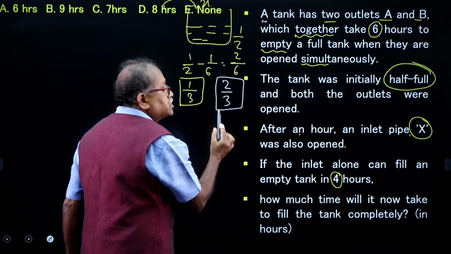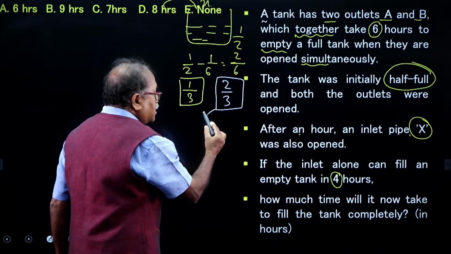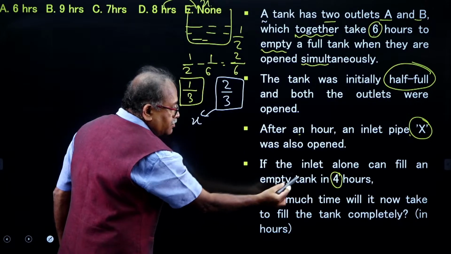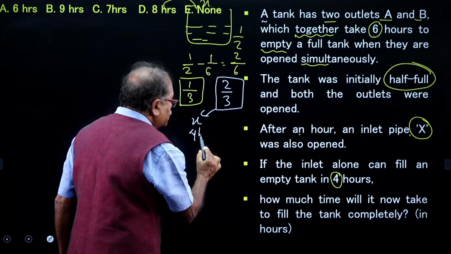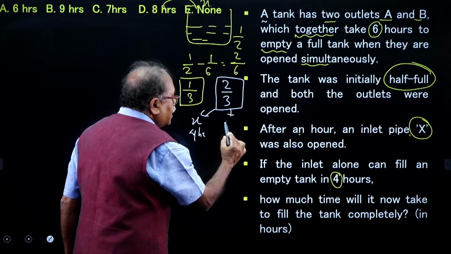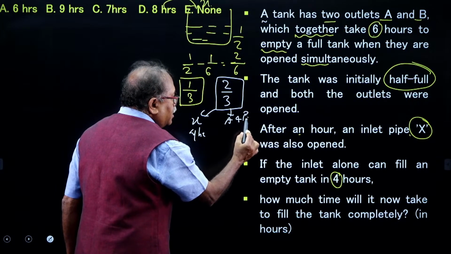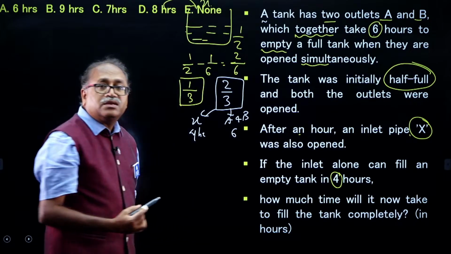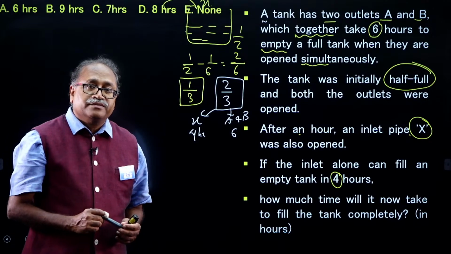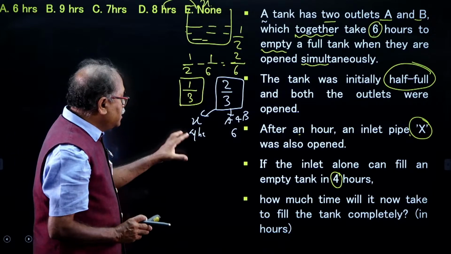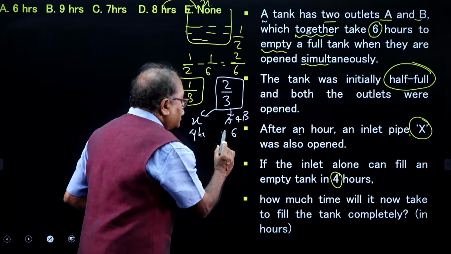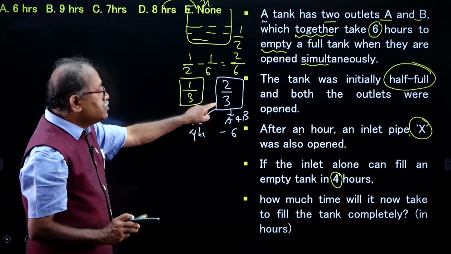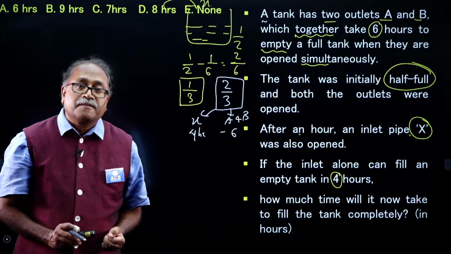The sources are an inlet pipe X which can fill in 4 hours, and outlet pipes A and B which can empty in 6 hours. Both are running now and I need to fill 2/3 of the tank.